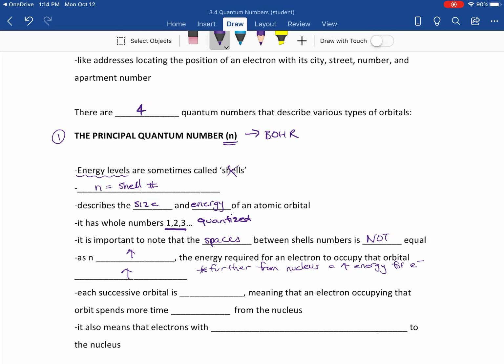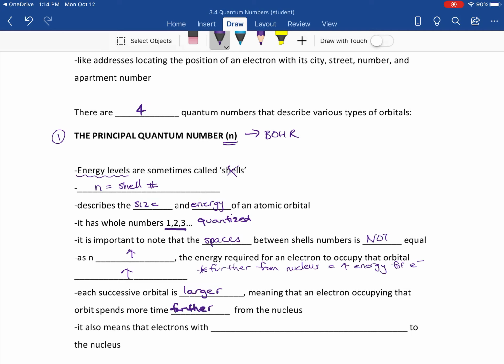So as we go up in energy levels, we're further and further away from the nucleus. Okay, so each successive orbital is larger because it's farther away from the nucleus. Get it? Meaning that an electron occupying that orbit spends more time farther from the nucleus.